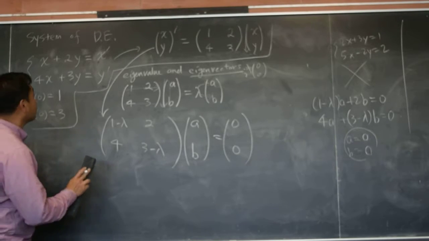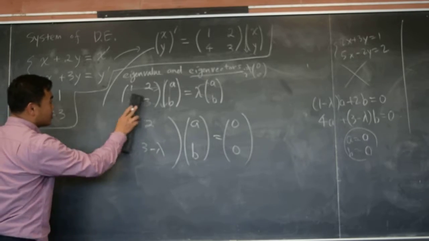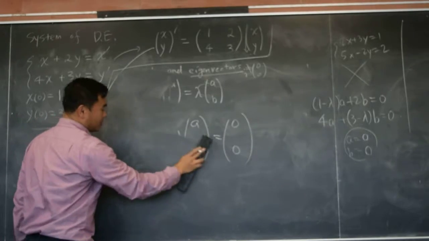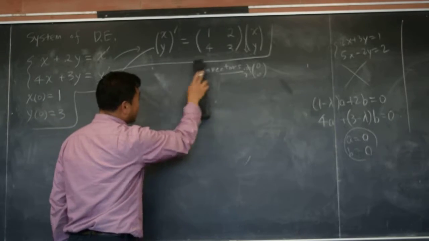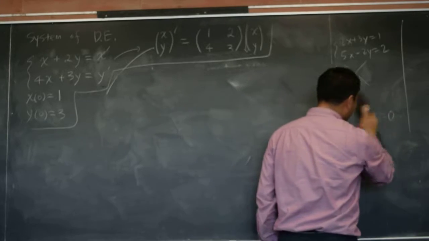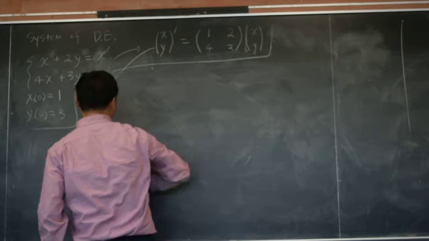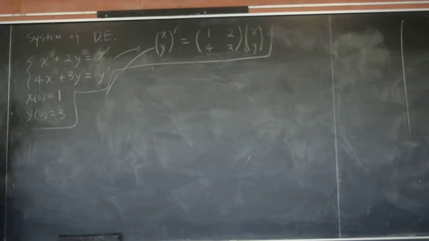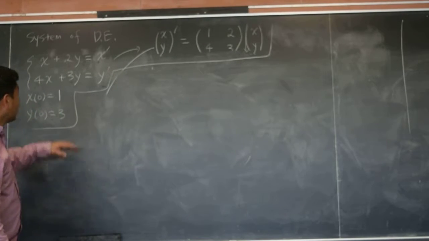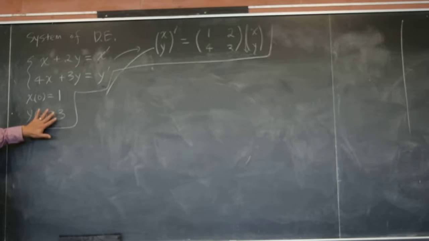So let me actually erase everything and wrap up the discussion so far, because I want to show you the method for finding eigenvalues and eigenvectors. So this is what you're going to do. You're presented with this system of differential equations.